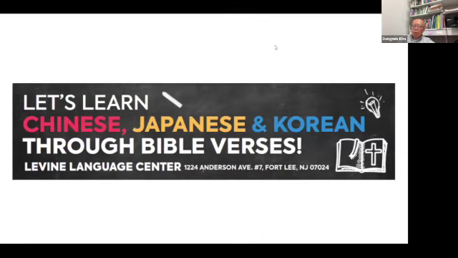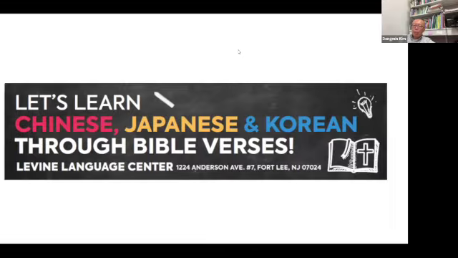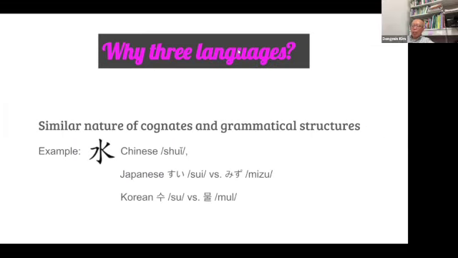As you may see, the Japanese use Kanji, the Chinese characters, and 70% of Korean vocabulary comes from Chinese characters, Chinese words.